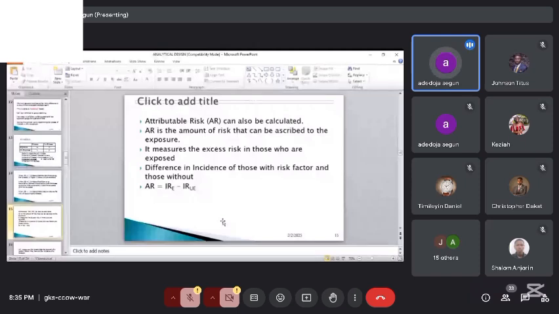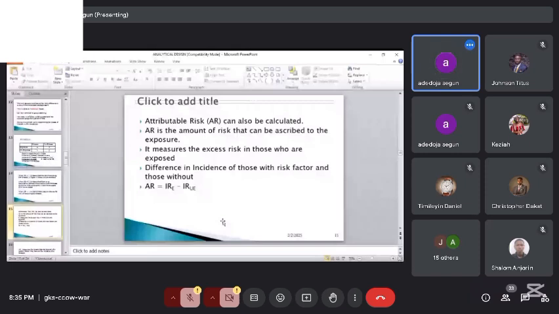It is the difference in incidence of those with the risk factor and those without. So we are trying to calculate the attributable risk, unlike the previous one that we just did, which is the relative risk. That one we take the fraction. But as for attributable risk, we look at the difference between the incident rate in exposed and the incident rate in unexposed.